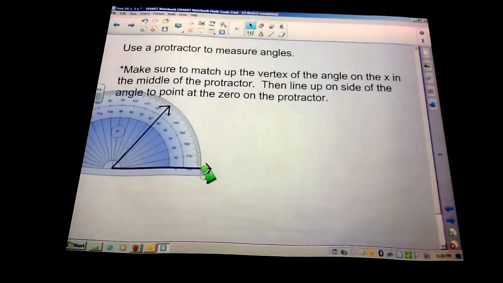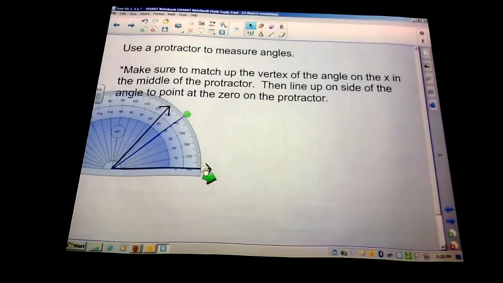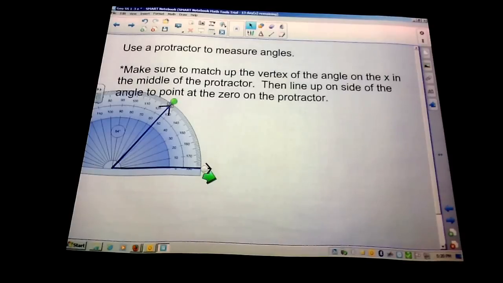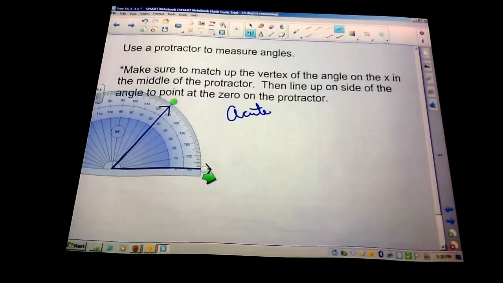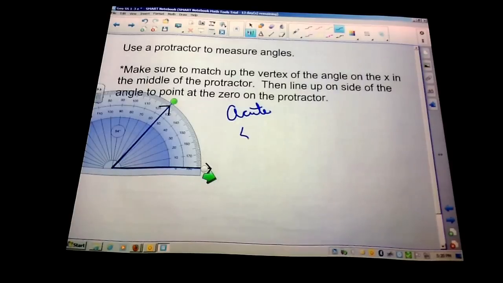Now with the Smart software, if you click on it and drag it up to where it matches right on the top of your other side, it's actually going to tell you the exact degrees of your angle. So this would be an acute angle if we were classifying it, and it would measure 54 degrees.